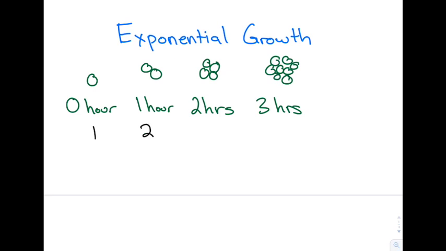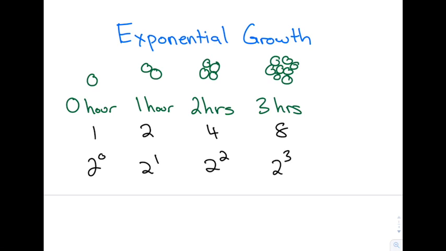After 1 hour, we have 2. After 2 hours, we have 4. After 3 hours, we have 8. These look like powers of 2, don't they? So this is 2 to the 0, 2 to the 1, 2 squared, 2 cubed. So this is pretty nice. And in fact, this is a really natural way of modeling a lot of different kinds of population growth.